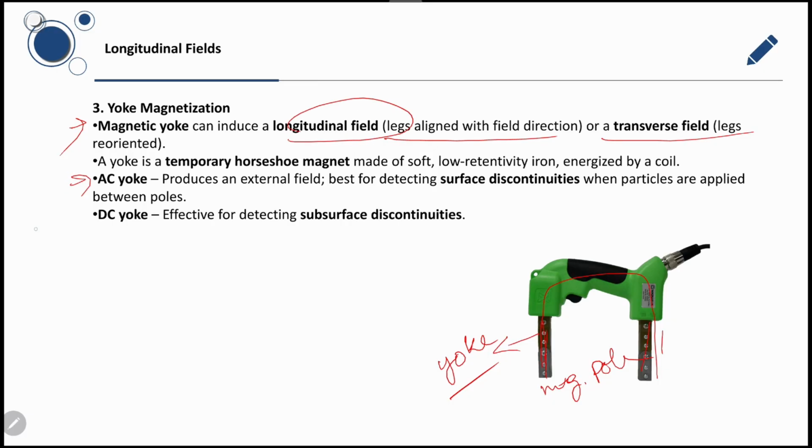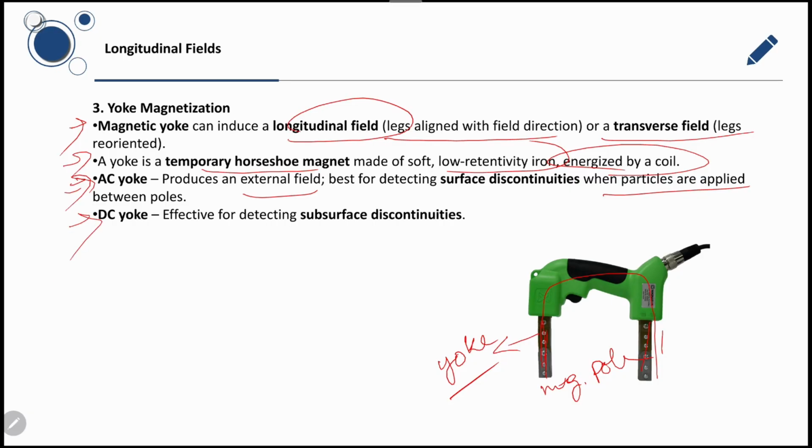So the AC yoke, as we already saw, is a temporary horseshoe magnet. It's made of soft iron, which has low retentivity. It's energized by a coil. An AC yoke creates a strong surface field, best for surface crack detection, where fluorescent or dry particles gather at the crack opening.